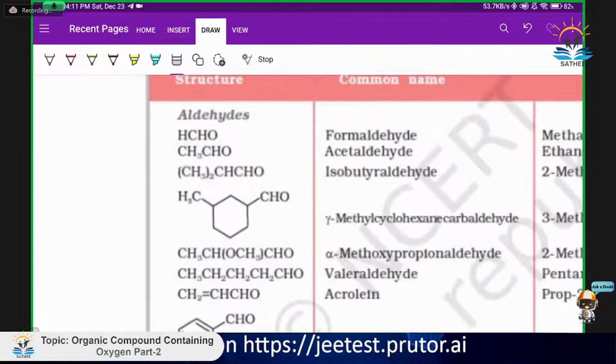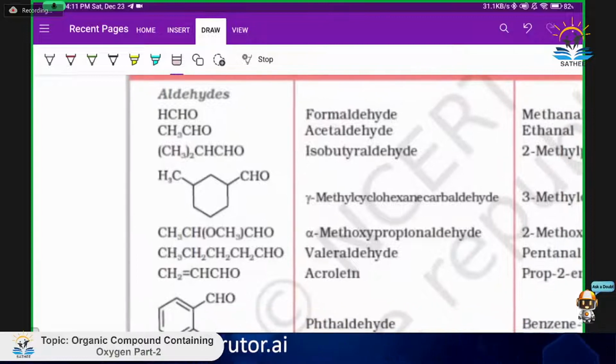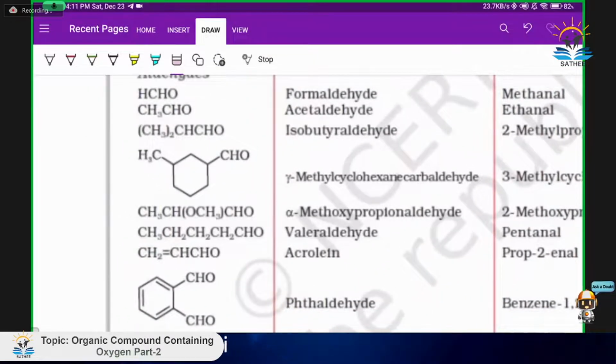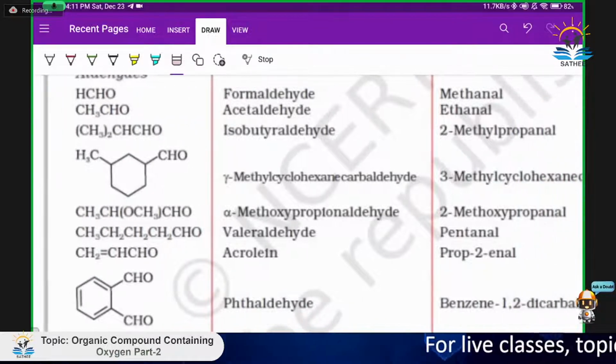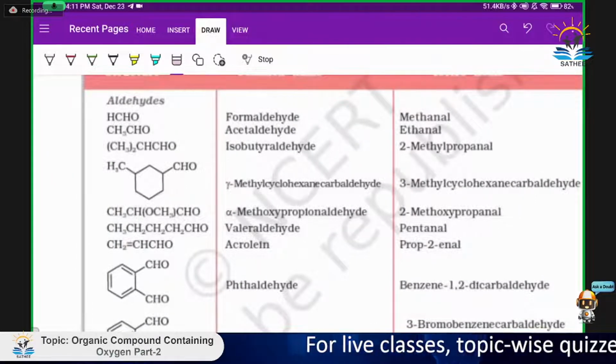In this cycloalkane here, we can see that the CHO group is attached to a ring. So for naming this compound, we simply add the name carbaldehyde to the end of the name.